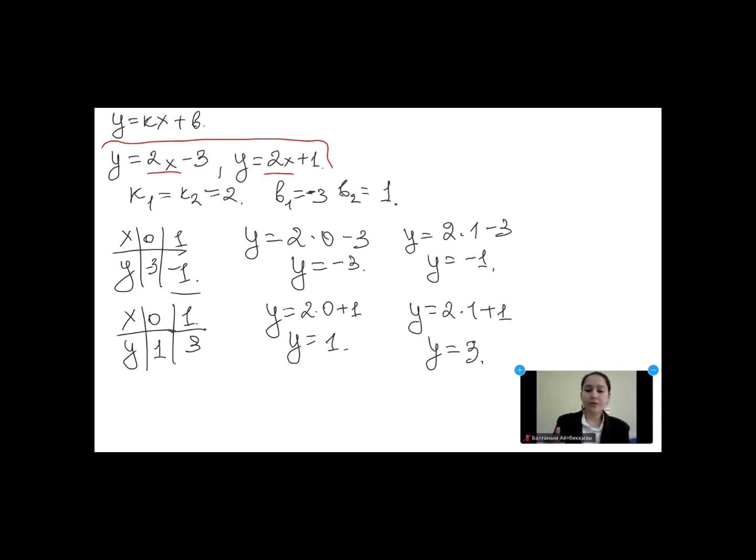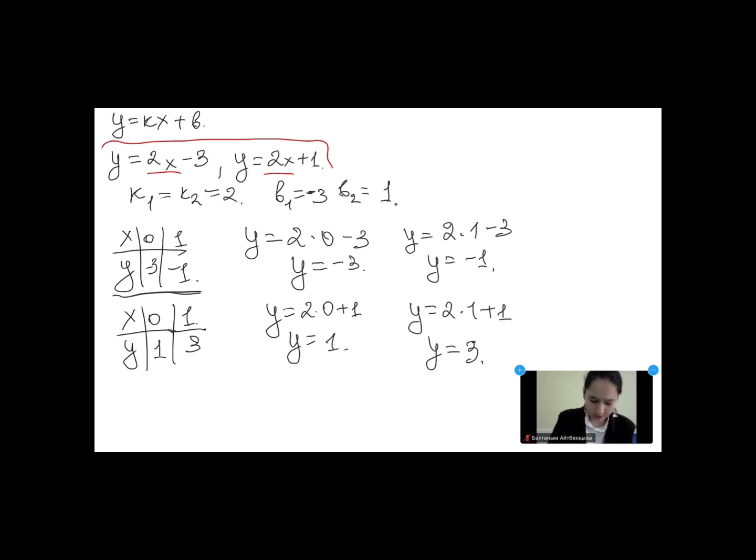Now let's put the values in the coordinate plane. When the value of x is 0, the value of y is minus 1. With such logic, guys, if x is 0, then y is 1. Now I will highlight the values of the second function with a different color.